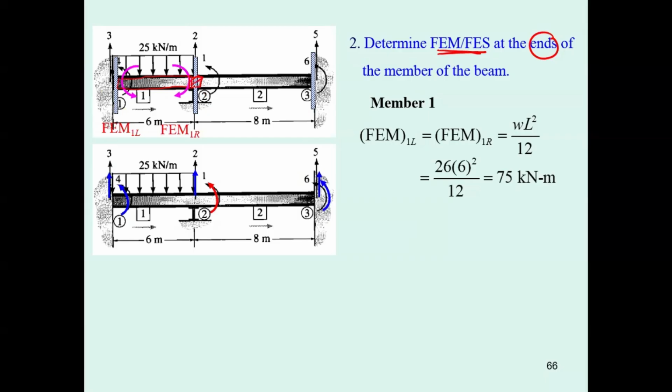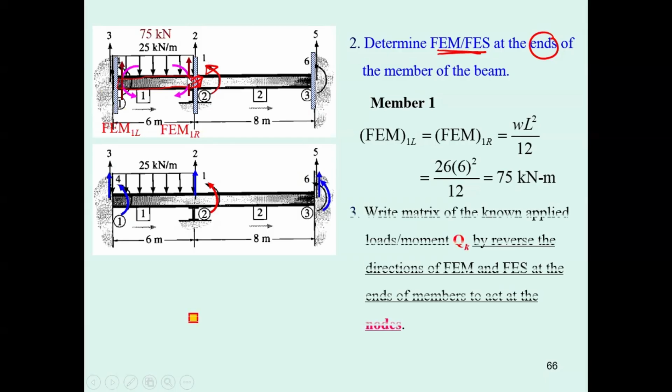Then there is the fixed end shear. This is WL over 2, 25 times 6 over 2. That's going to be 75.